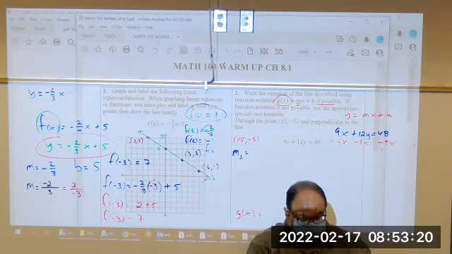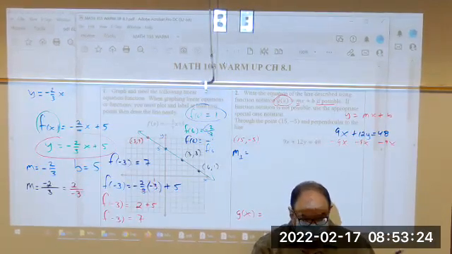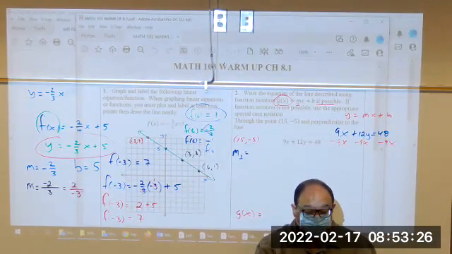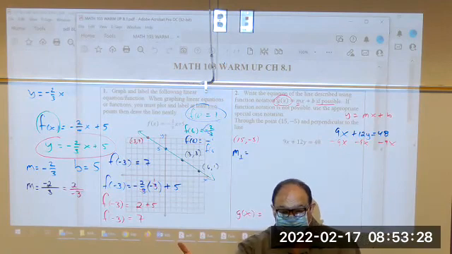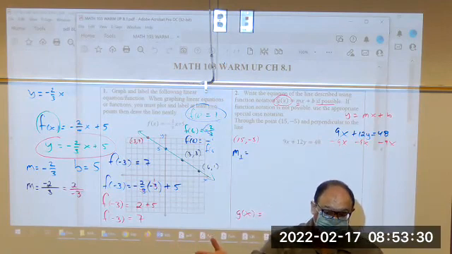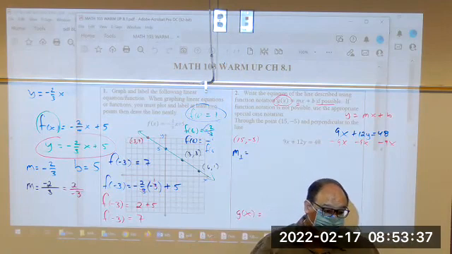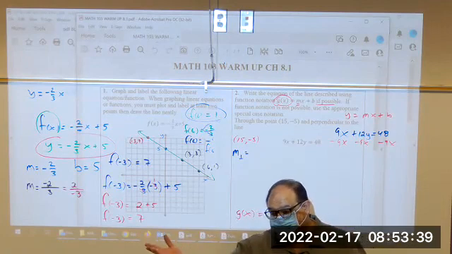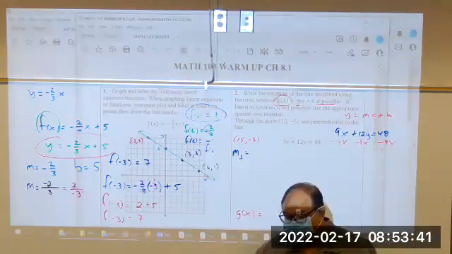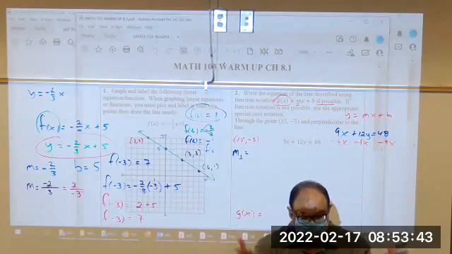If you have two kids, and you give one of them 10 pieces of candy, don't give the other one 5. You're going to have problems with those two kids. Not fair. It's not equal. You got to do whatever you do to the left, you got to do to the right.